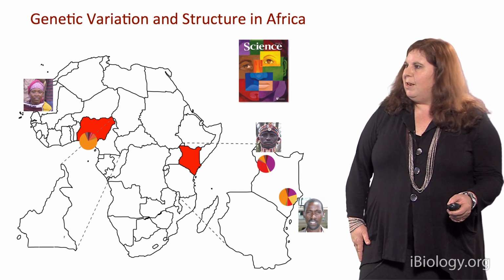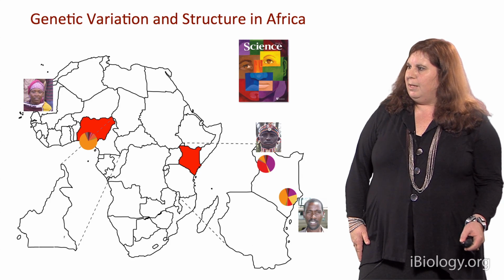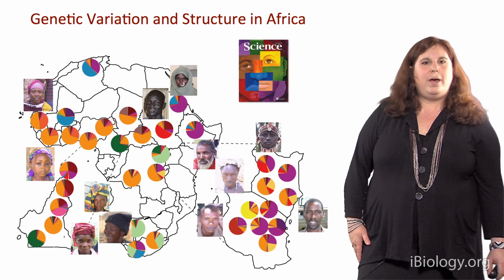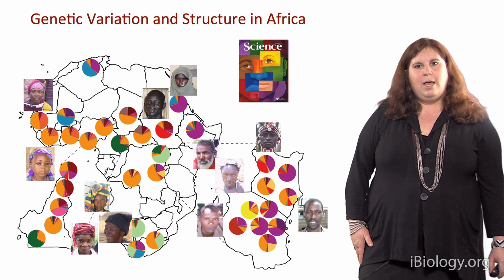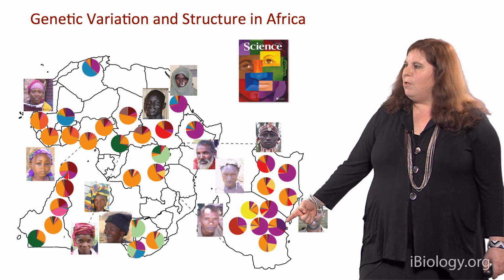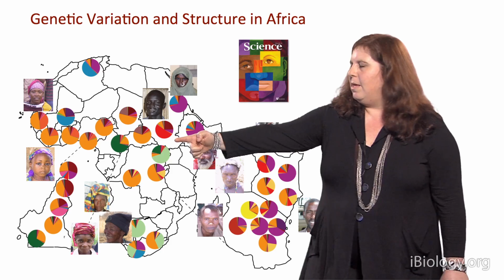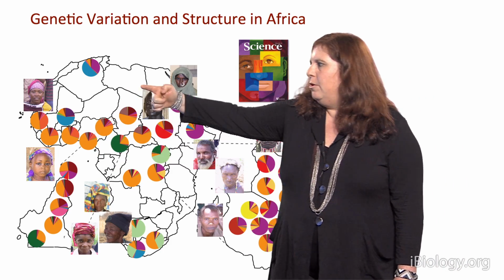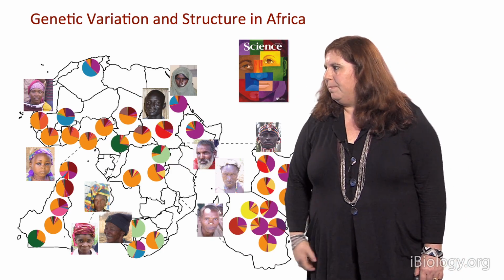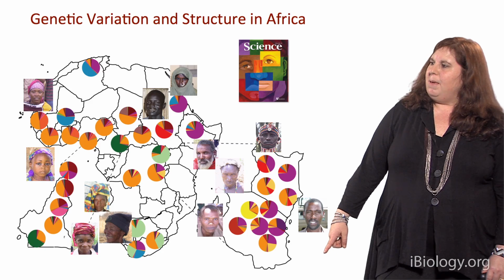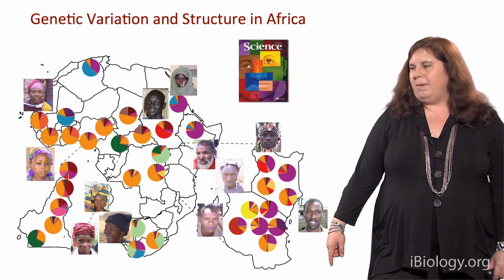Now, what I want to point out is that when we look at the rest of Africa, we see quite a bit more variation. For example, populations in East Africa look distinct from populations in Western Africa, Northern and Southern Africa. It's also interesting because we can see remnants of historic migration events.